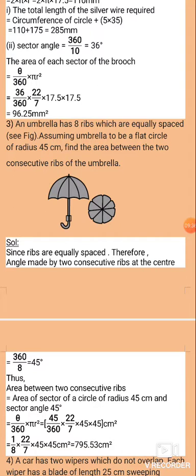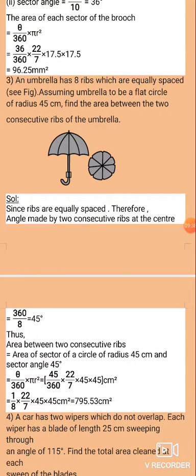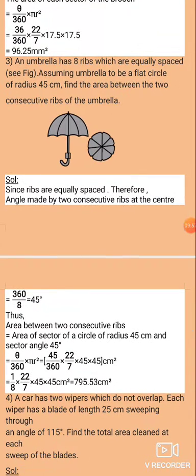Clear? Now a car has 2 wipers which do not overlap. Each wiper has a blade of length 25 centimeter sweeping through an angle of 115 degree. Find the total area cleaned at each sweep of the blades. So listen carefully.